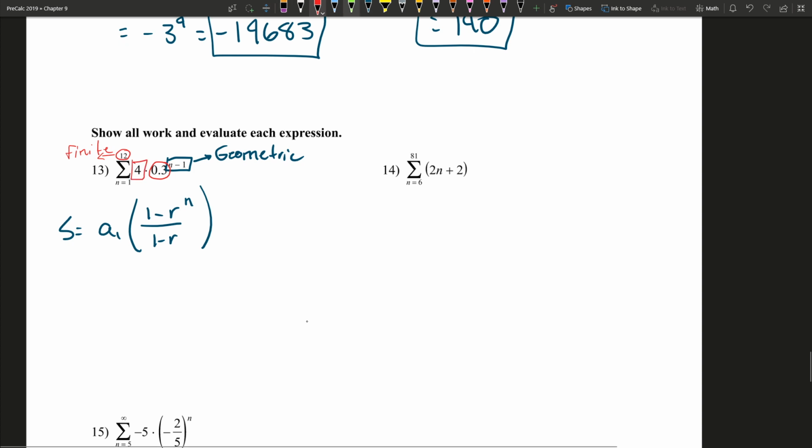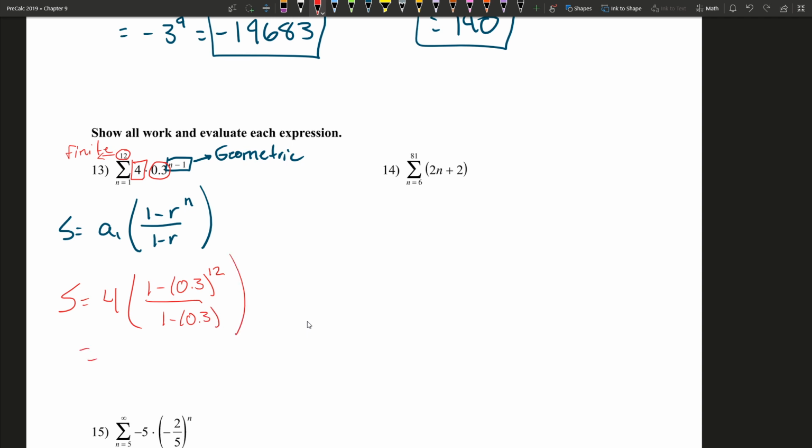So if we plug in all of those things, we get that S is equal to 4 times 1 minus our common ratio to the power of the number of times we're adding together, which in this case is just 12, over 1 minus our common ratio.